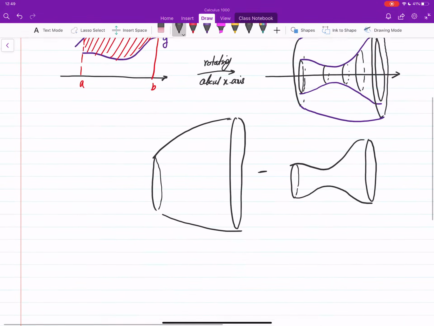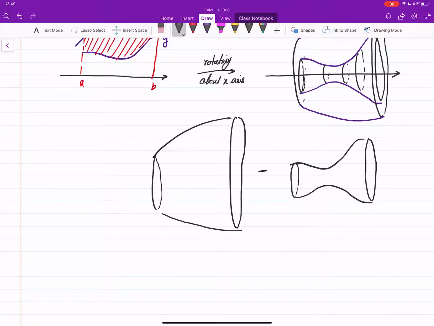So if you want to find the volume, this will be the volume of the bigger object: the integral from a to b of pi times f of x, the upper function, squared dx, minus the integral from a to b of pi times g of x, the lower function, squared dx.